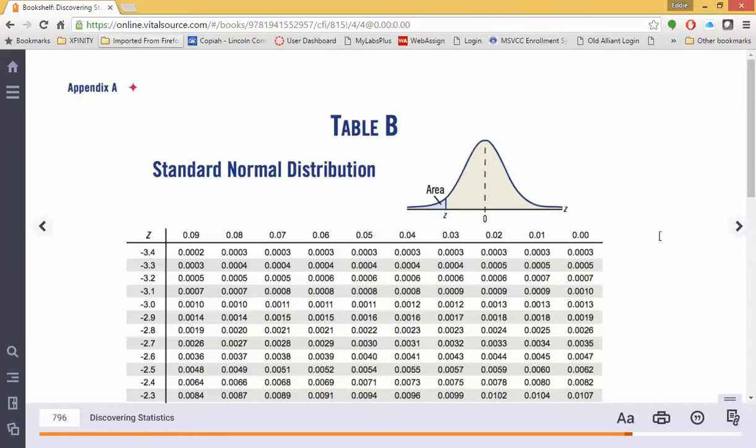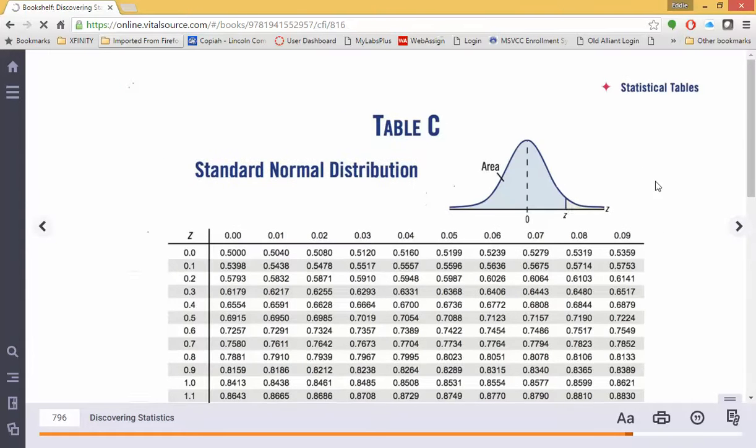All right. Table C is for positive z-scores, and it's also cumulative left to right. So table B and table C kind of use the same logic. The area that you get here is always cumulative left to right.